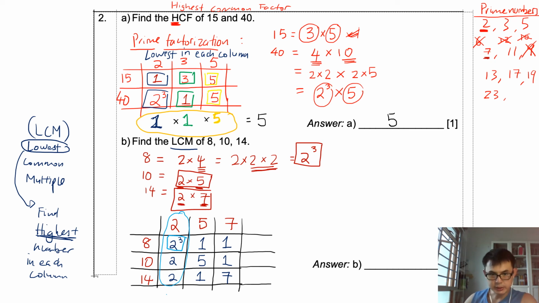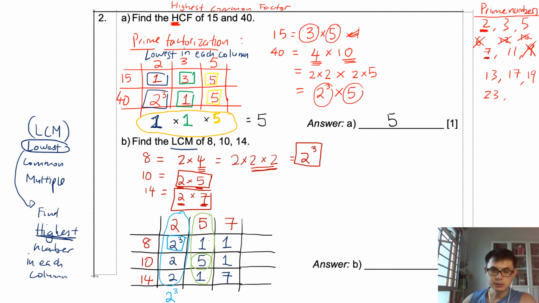So I'm just going to write that down, 2 to the power of 3. Okay, now the second column, what is the biggest number? The biggest number is actually 5. Wouldn't you agree? The other numbers are 1 and 1, so between 1, 5, and 1, the biggest number is just 5.